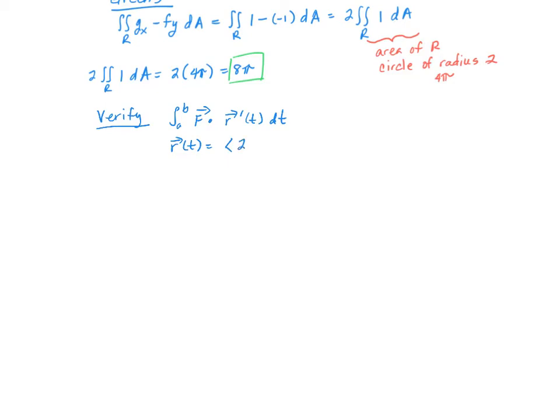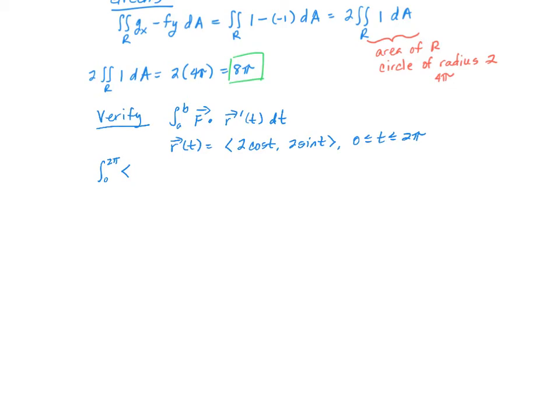So that can be written parametrically as 2 cosine, 2 sine. Again, I have to state that my t values, since it's a circle, go from 0 to 2 pi. So my line integral has limits of integration 0 to 2 pi. My vector field is negative y comma x.